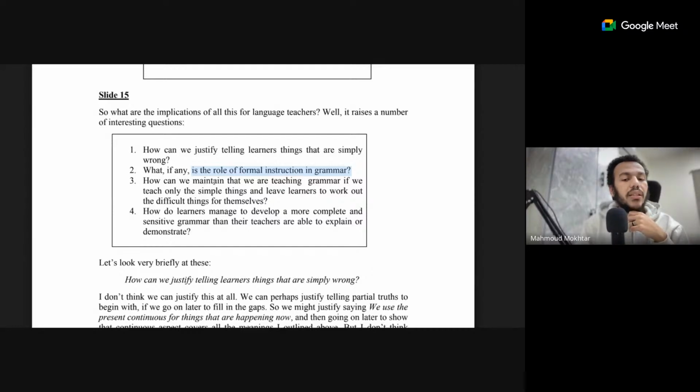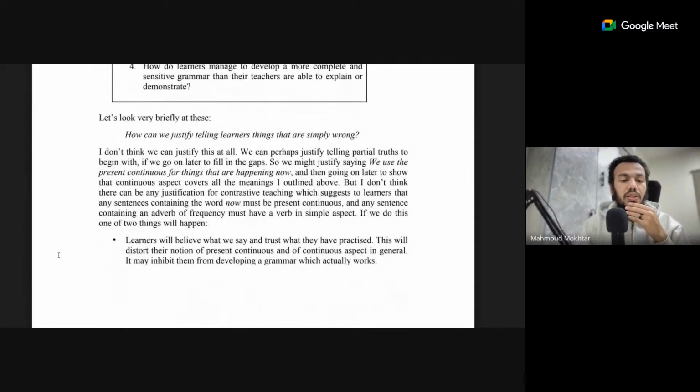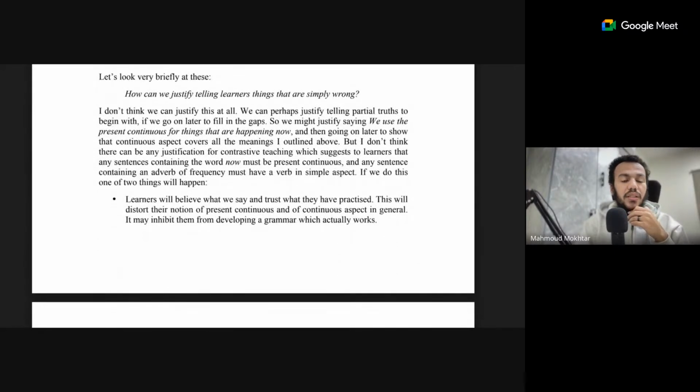How can we maintain that we are teaching grammar if we teach only the simple things and leave learners to work out the difficult things for themselves? How do learners manage to develop a more complete and sensitive grammar than their teachers are able to explain or demonstrate? Let's look very briefly at these.